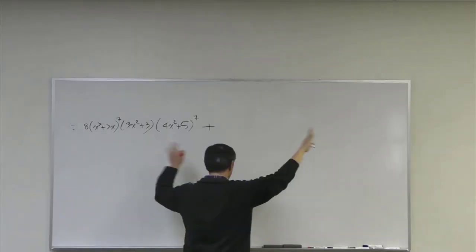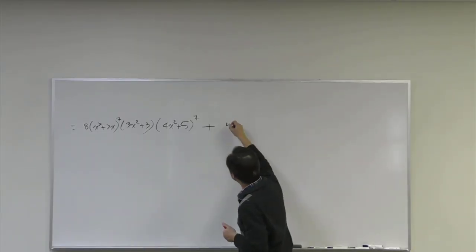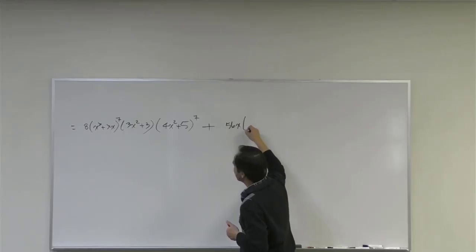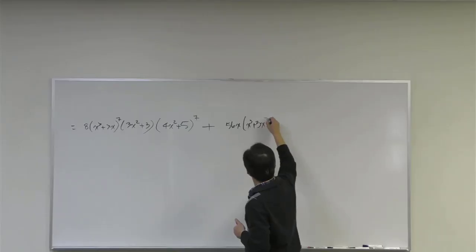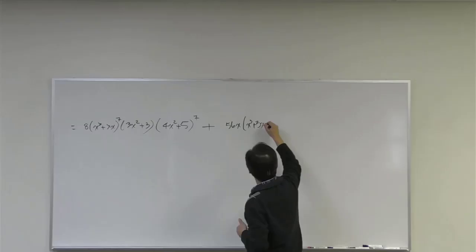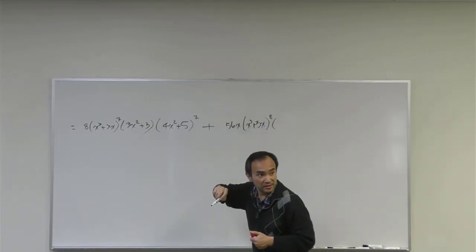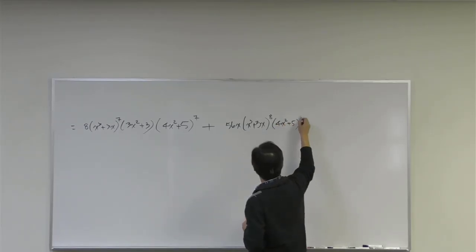I really have to write it all laid out so that you guys can recognize some further algebra that can be done here. So 56x, and then x cubed plus 3x to the 8th power, and we multiply that with 4x squared plus 5 to the 6th.